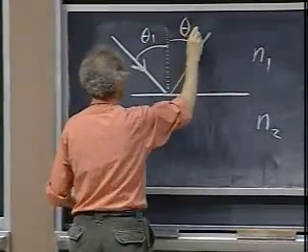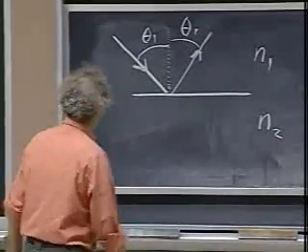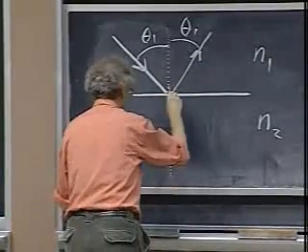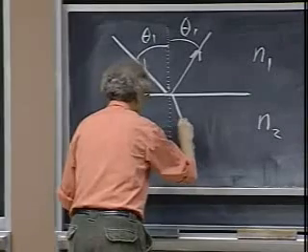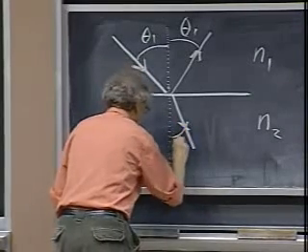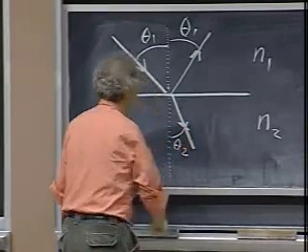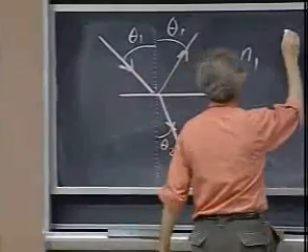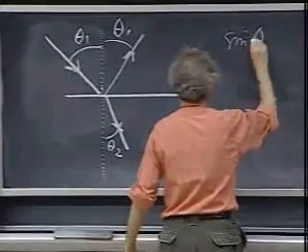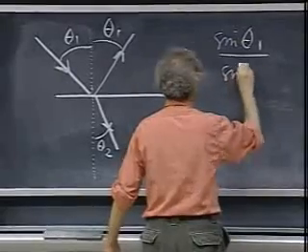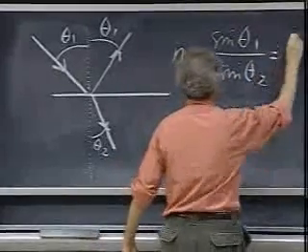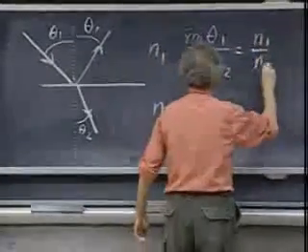This angle is also theta 1, and then some of that light will enter into this medium, and this angle will then be theta 2. And Snell's law says that the sine of theta 1 divided by the sine of theta 2 is n1 divided by n2.